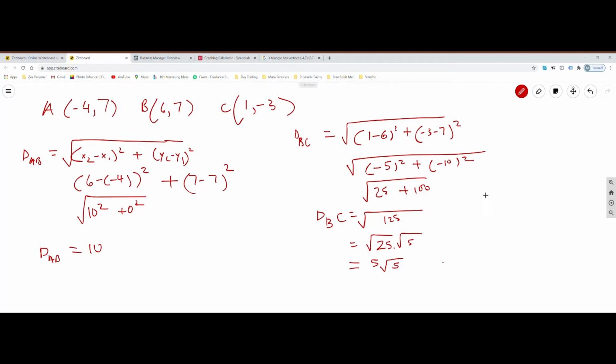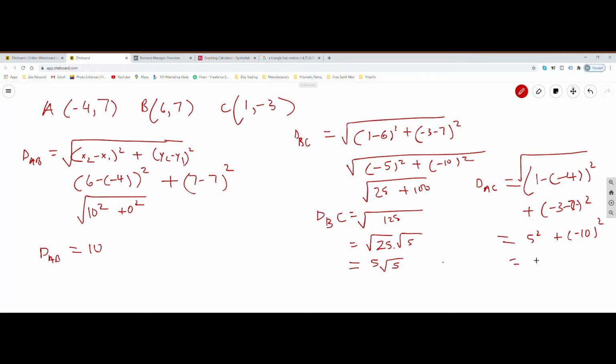And then we should do AC. AC is equal to the square root of 1 minus -4 squared plus -3 minus 7 squared, so it's 5 squared plus -10 squared.